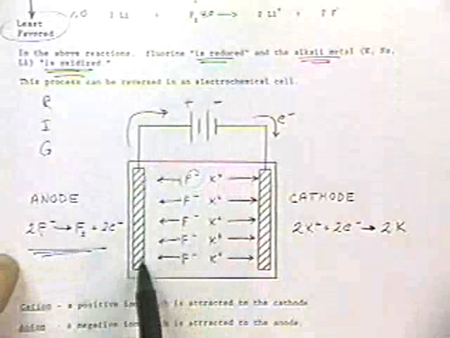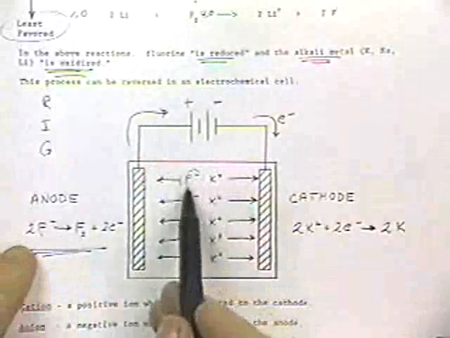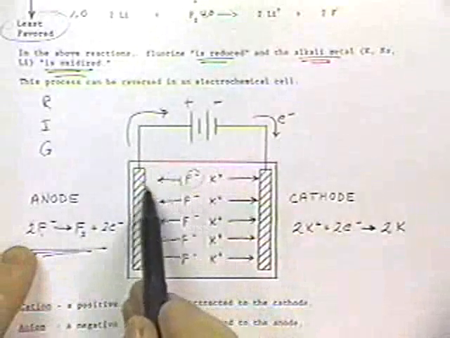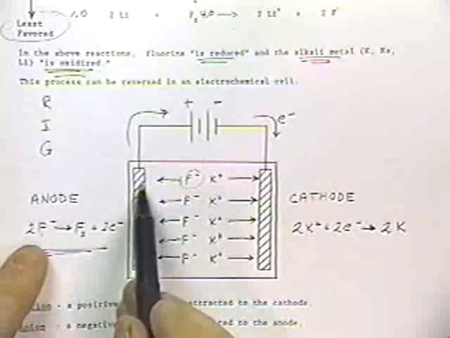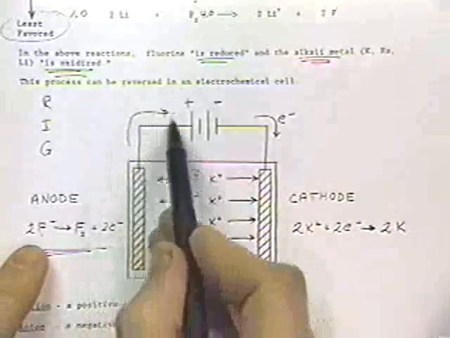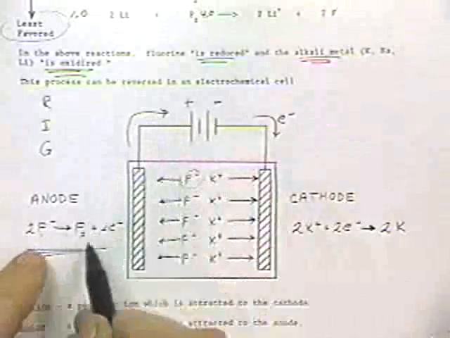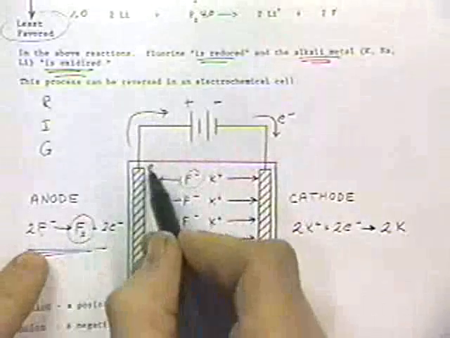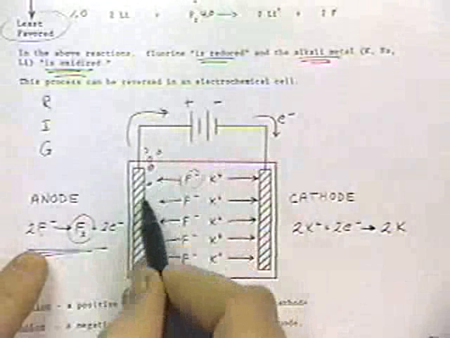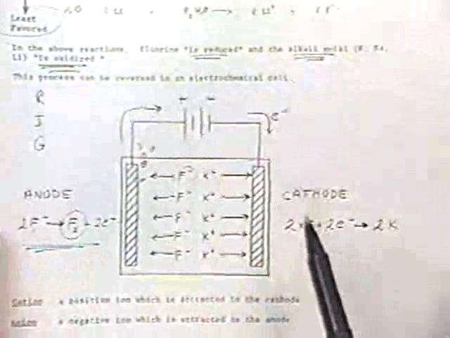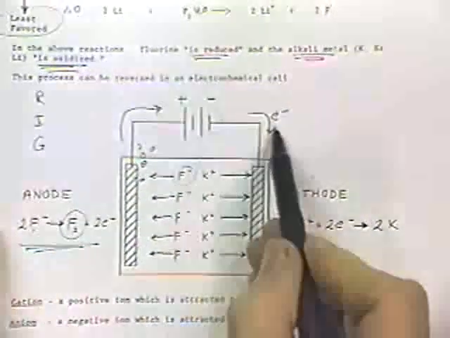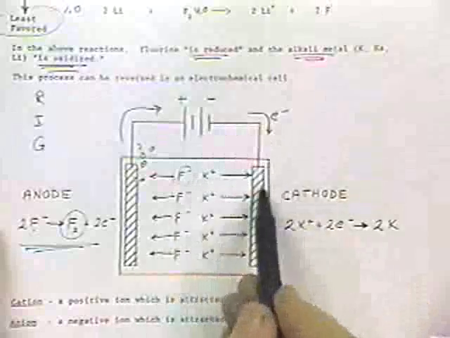So this is the reaction that occurs at the anode. Again, the negative fluorines are attracted to the anode. The electrons are stripped off and pumped over to the other side. Once those electrons are stripped off, we have gaseous fluorine literally bubbling from the surface. And then we've taken those electrons, we're pumping them onto the other side.